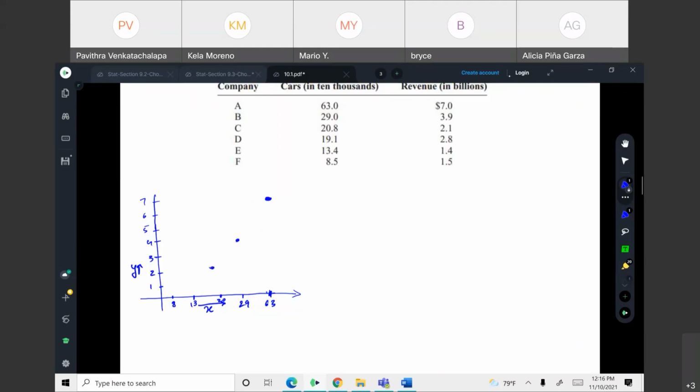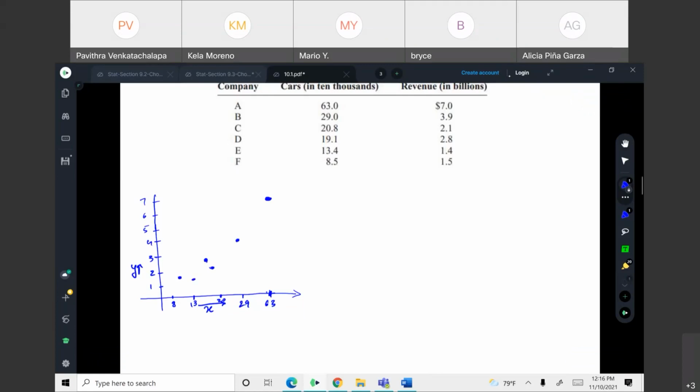We have 19 and 2.8, somewhere here. 13.4 and 1.4. 8.5 and 1.5. Okay, so this is called a scatter plot.